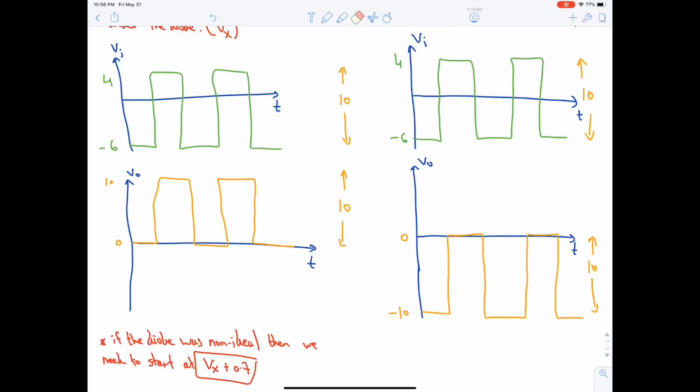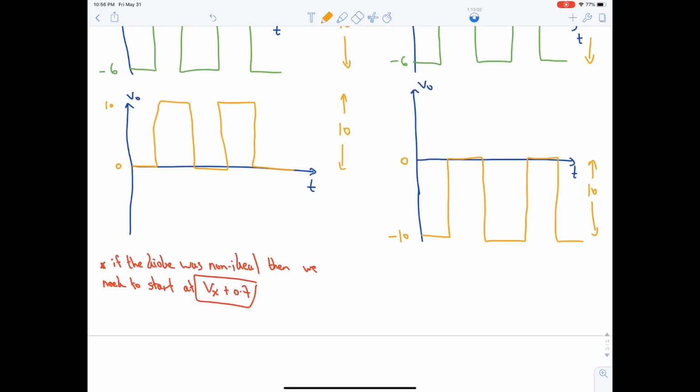Okay, now if the diode was non-ideal, then we need to start at Vx minus 0.7.